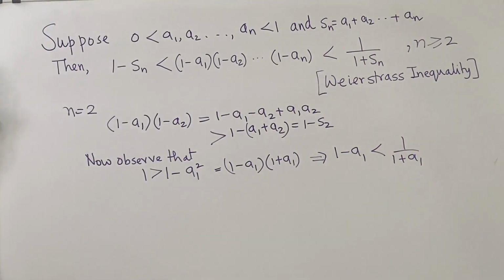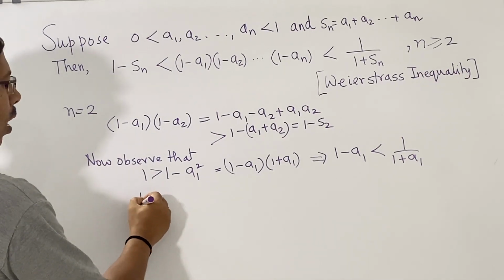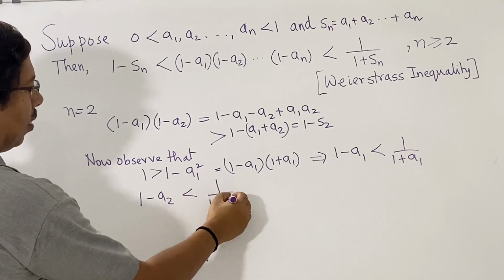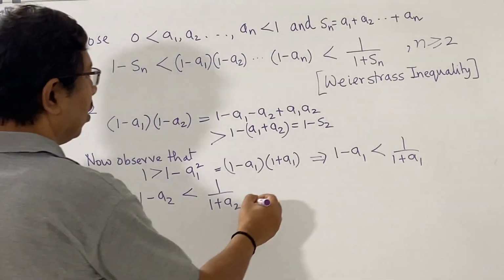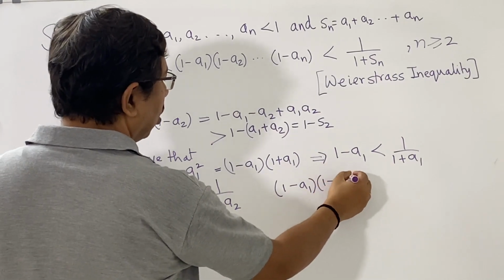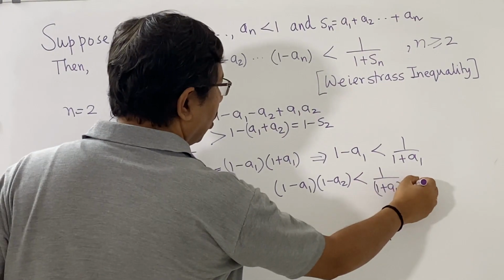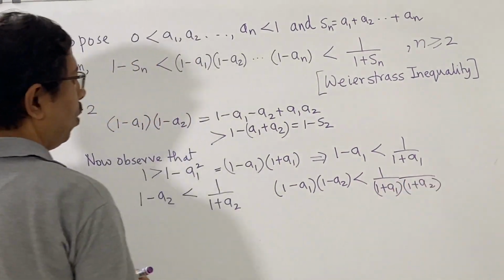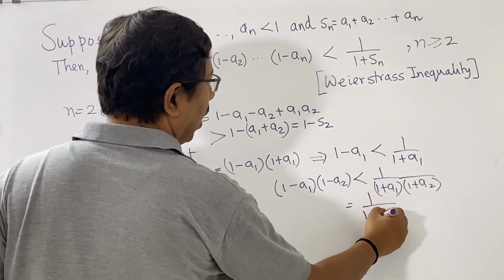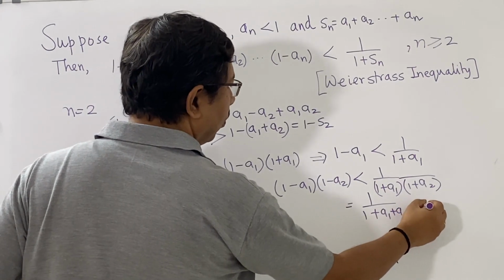We can do the same thing with a2, and we will then get 1 minus a2 is less than 1 by 1 plus a2. Now taking the product, (1 minus a1)(1 minus a2) is less than 1 by (1 plus a1)(1 plus a2), and if we simplify that, we get 1 by 1 plus a1 plus a2 plus a1 a2.